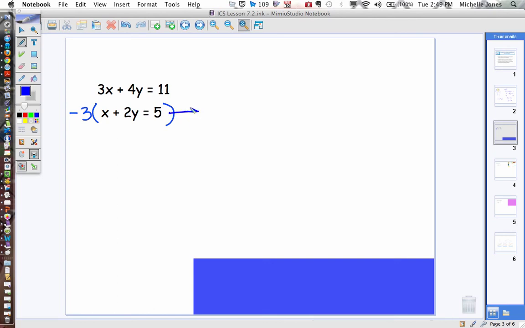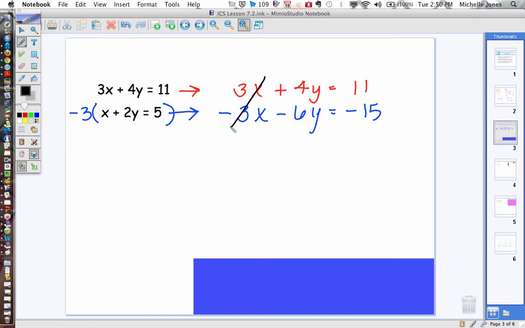You need to make sure you multiply every single value by negative 3. So we're going to get negative 3x minus 6y equals negative 15. Every single value. We're going to rewrite our first equation without changing it. So now you can see if you added these two equations together, your x's will cancel each other out.